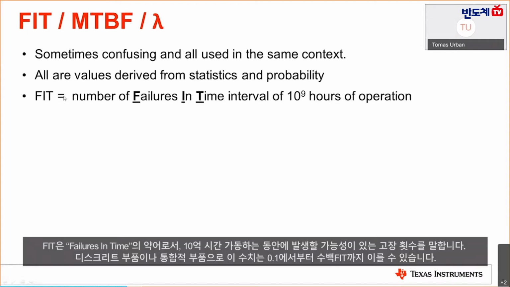The FIT stands for failures in time, per billion hours of operation. This is pretty simple. The numbers for discrete components or integrated components range from 1 or 0.1 to several hundreds. So it's kind of natural numbers for the components.